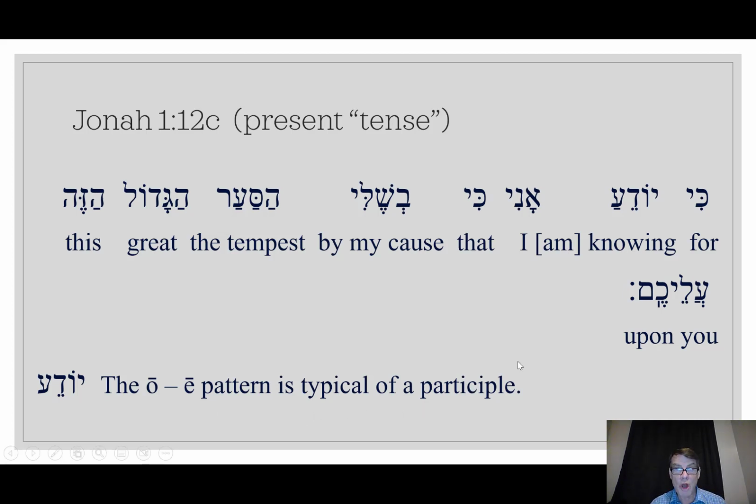And so knowing, and Jonah's a masculine singular, so it takes the masculine singular form of the participle. For knowing am I. Okay, so we've now introduced you to the basic, most basic participle form, and that's how you make a present tense in Hebrew. Well, we made it finally through Jonah 1:12.